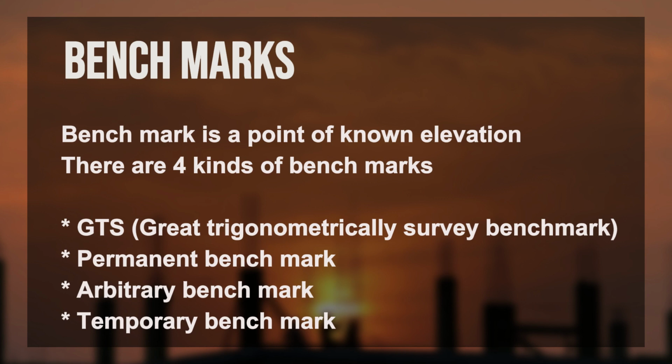The arbitrary benchmark is a benchmark selected arbitrarily, and the temporary benchmark is for the purpose of starting a survey work. As I said, we need to know a benchmark, a point of known elevation, with respect to which the other readings will be taken. If it is not available, a temporary benchmark is established on the site.